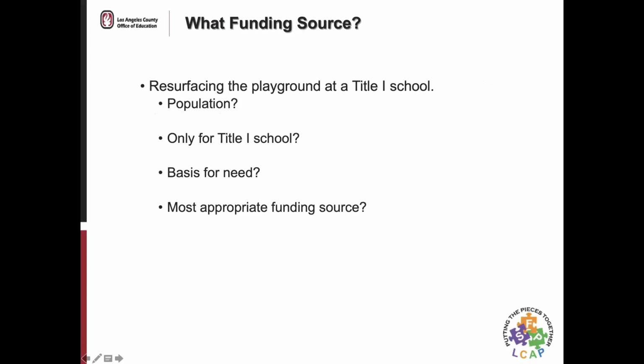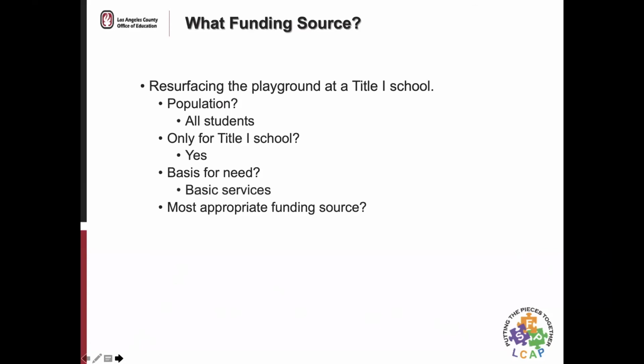All right, so we're going to resurface the playground at a Title I school. Who's the population we're focused on? I think all the kids are going to be on the playground, right? Is it only for a Title I school? Yes, it says only for a Title I school. What's the basis for the need?